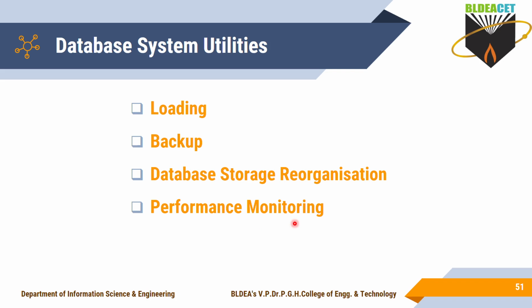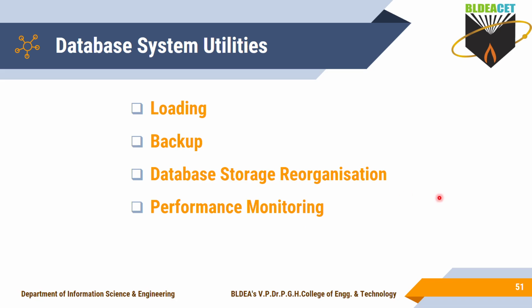Based on the statistics, the database administrator will decide whether to reorganize the files or not, or whether to add or drop indexes. The indexes are what I use to retrieve the data, so I can improve that by using performance monitoring.